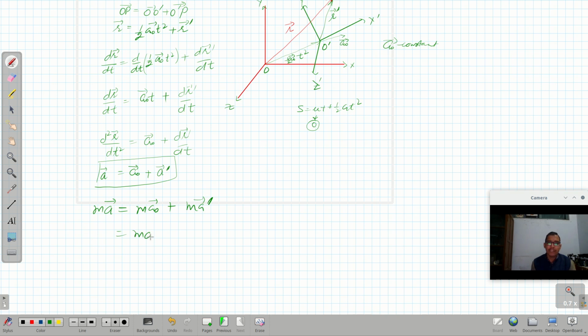We can simply rewrite it like this: m a prime plus m a naught equals m a. So what is it? Force acting on the particle when it is seen from the stationary frame of reference, and this is the force acting on the particle when it is seen from the moving frame of reference, and this is the force due to the moving frame of reference.